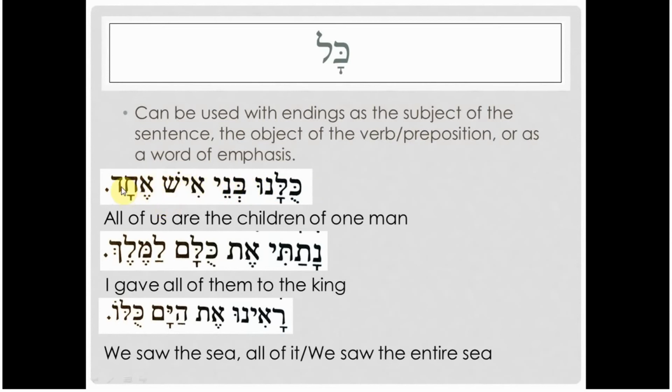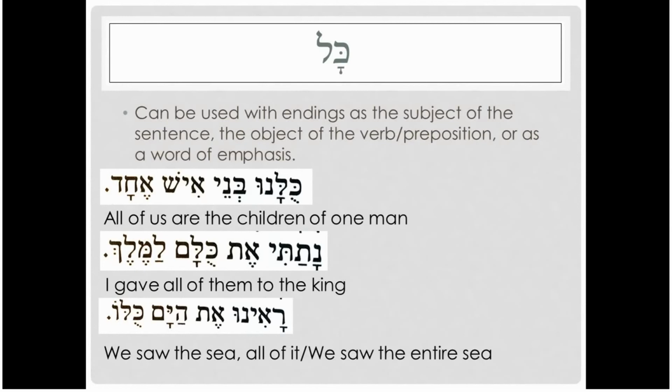So echad is functioning here to show the single man, the one man. All of us are children of one man. So here we see that kulanu is actually the subject of this verbless sentence. There's no actual verb here, it's a verbless sentence, but all of us are children of one man.